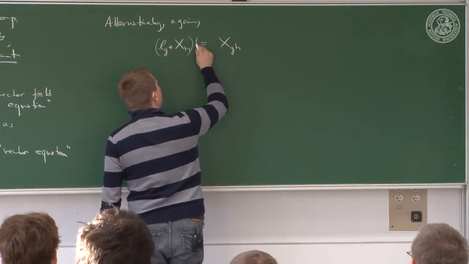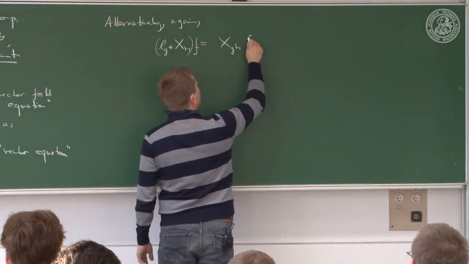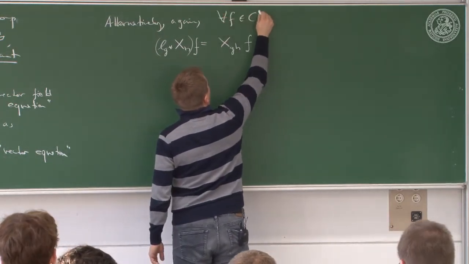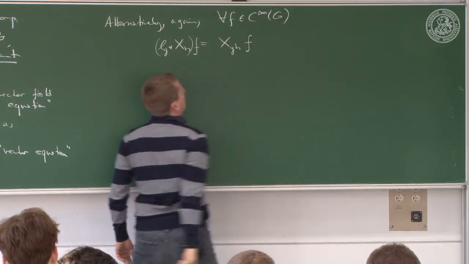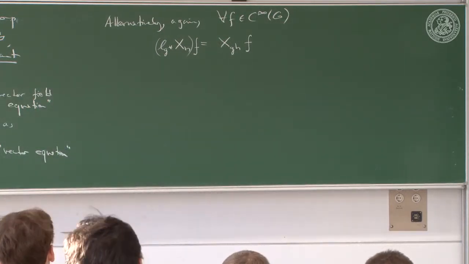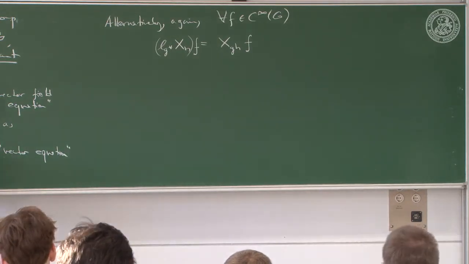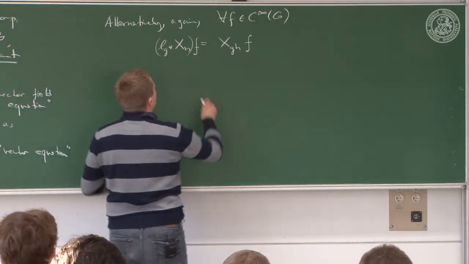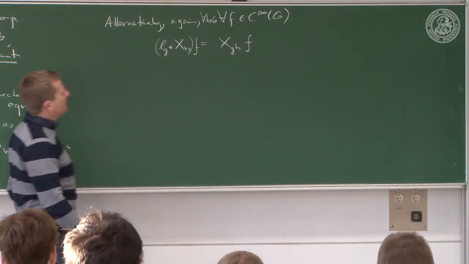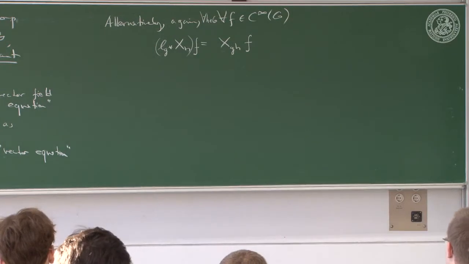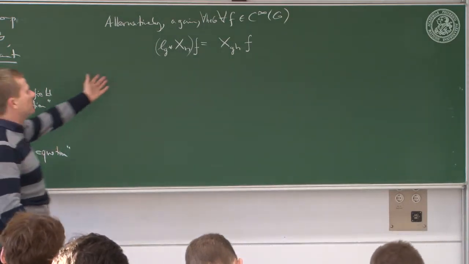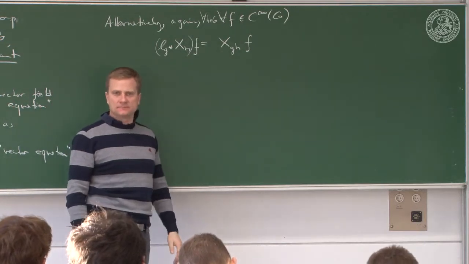But now we can apply it to an arbitrary function f. So now we take an arbitrary smooth function on our manifold G. And if this is true for all the vectors, then it must be true that for all h in G, and for all f in C infinity of G, this equation is true. Right? It's just, if the vectors are the same, then the action on a function is the same. Okay?